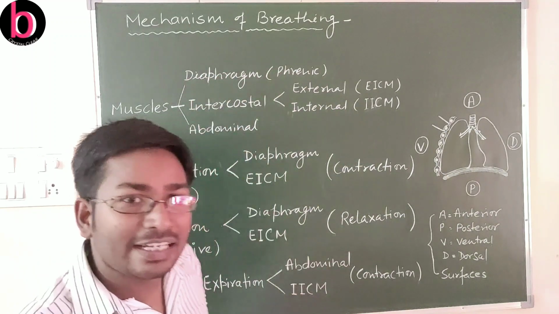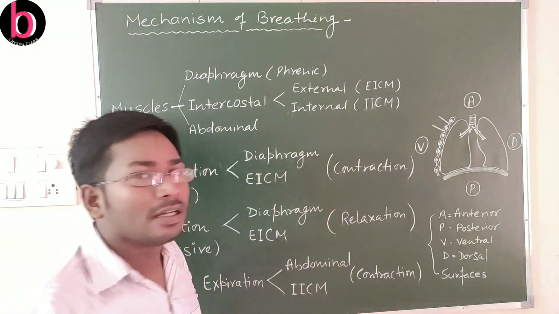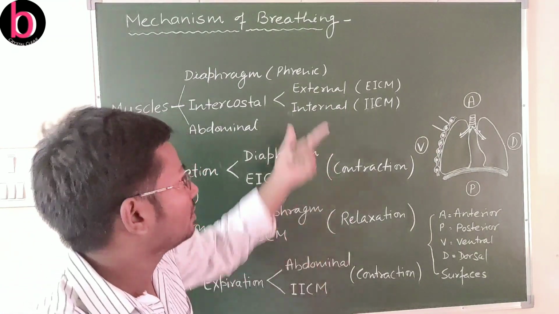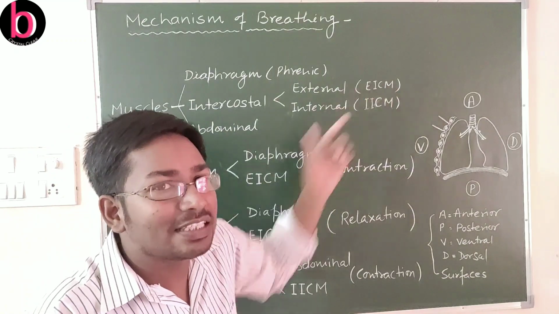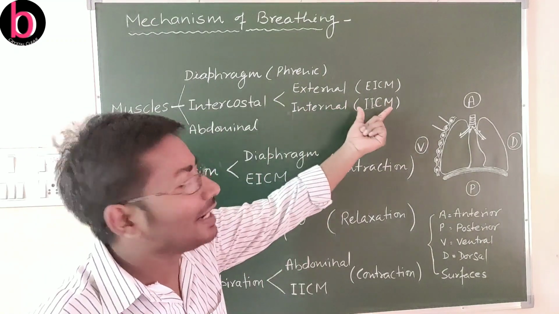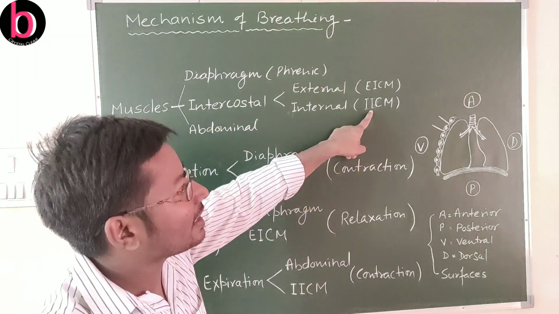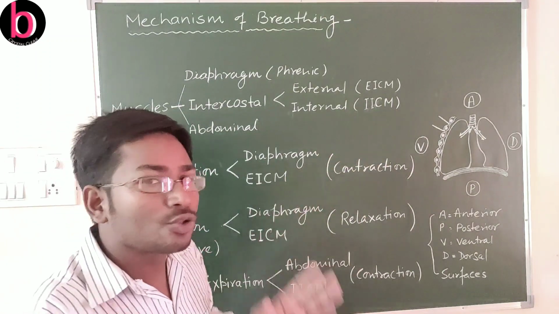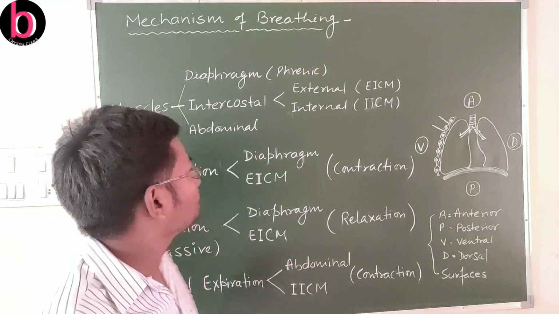These intercostal muscles are located in between. They both are 11 in number. External intercostal muscles, in short EICM. Internal intercostal muscles, in short IICM. They both are 11 in number.